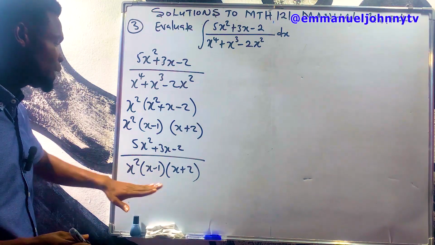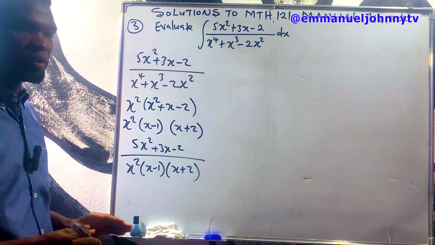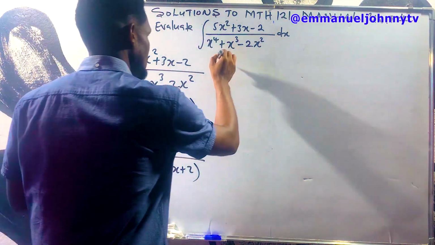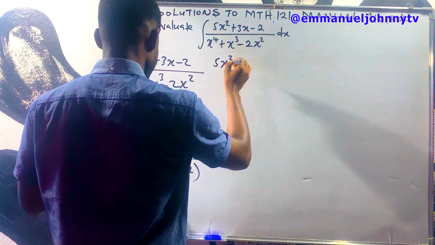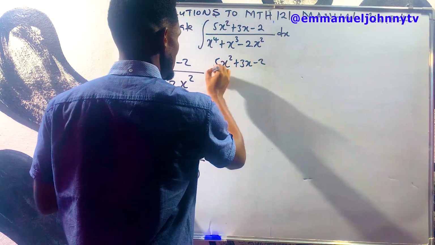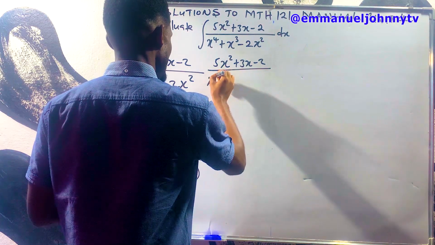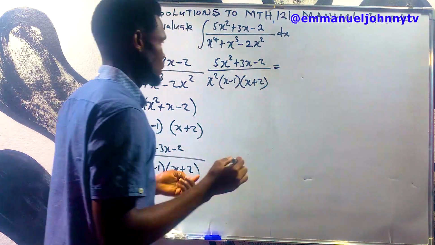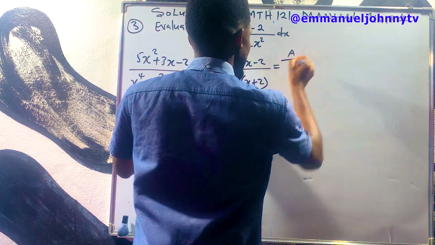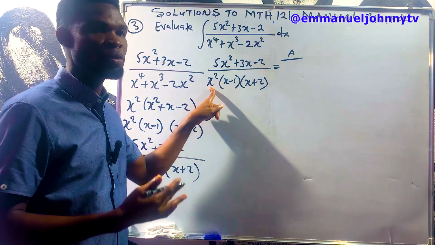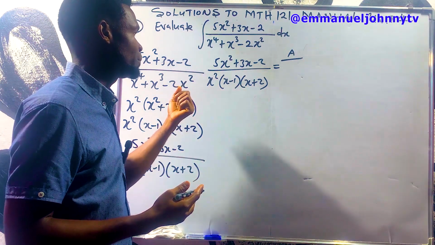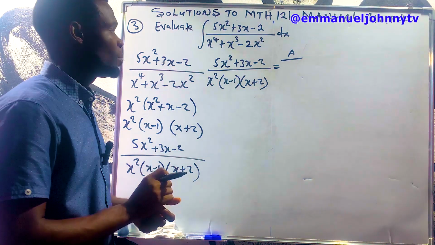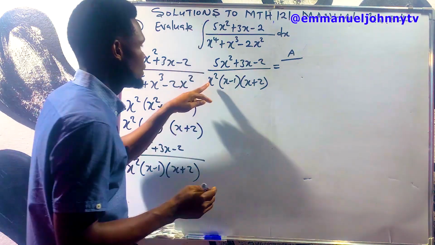Okay, so we are going to split this into its partials. So 5x squared plus 3x minus 2 all over x squared into x minus 1 into x plus 2 is equal to, you pick the a over the first term. I want to believe we have done partial fractions before, so I'm not going to waste much time explaining, but I just want to provide the solution to this problem.